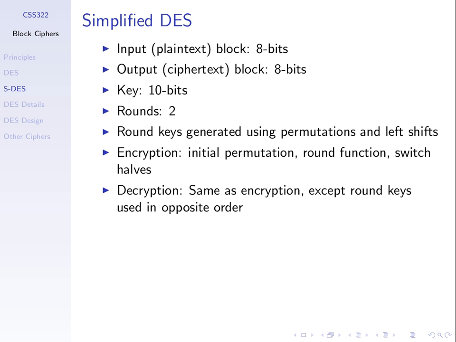What we do is we start with a 10-bit key. For each of those 2 rounds, we need a sub-key or a round key. We generate those sub-keys from the original 10-bit key using some algorithm, and that algorithm is just made up of permutations, rearrangements, and a left shift. Shift the bits left.